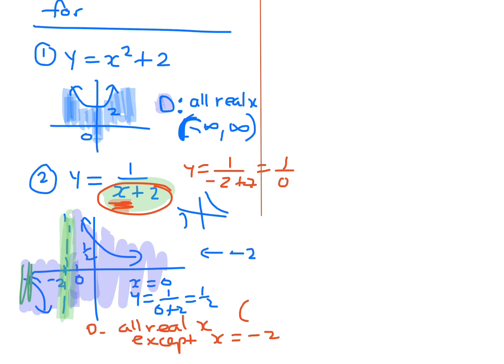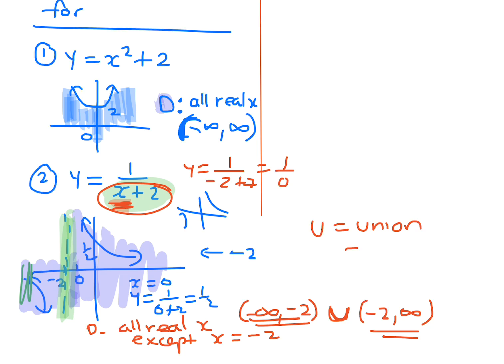And in interval notation, you go from minus infinity up to minus 2, and then from minus 2 up to infinity. Now I put the U in there, that means union, because it means all of this and all of this.